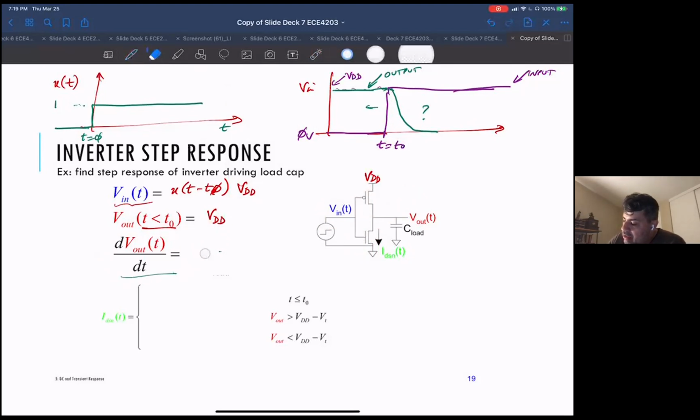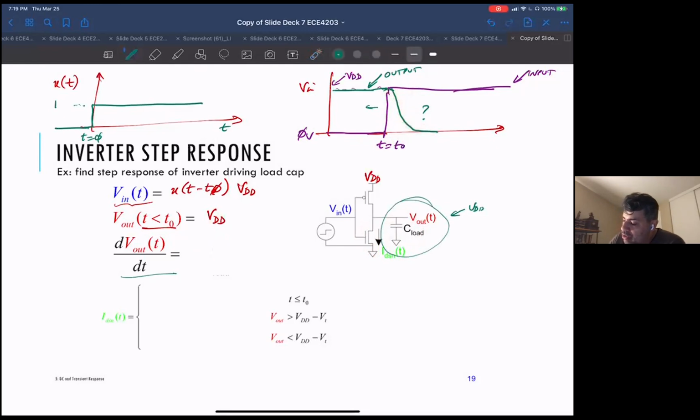We have a capacitor that's been charged to VDD, and then it's going to get drained by the current of this guy. The NMOS current is discharging this capacitor and bringing the output low.